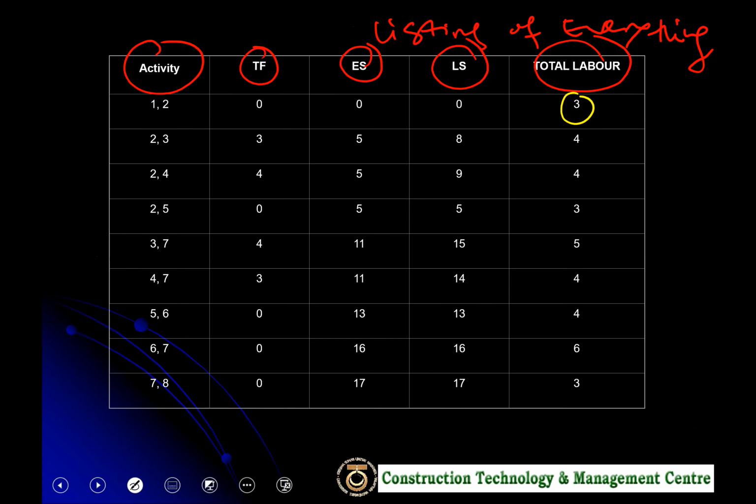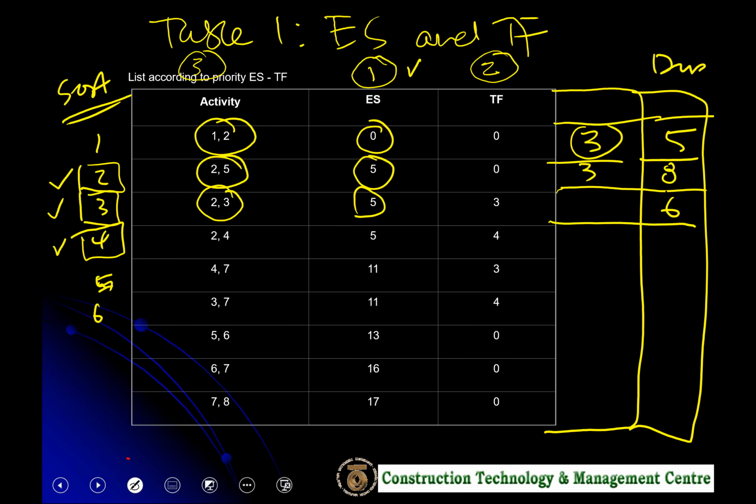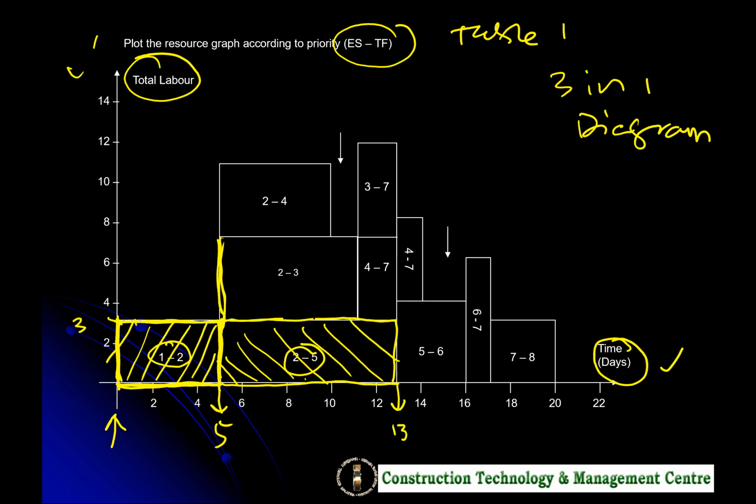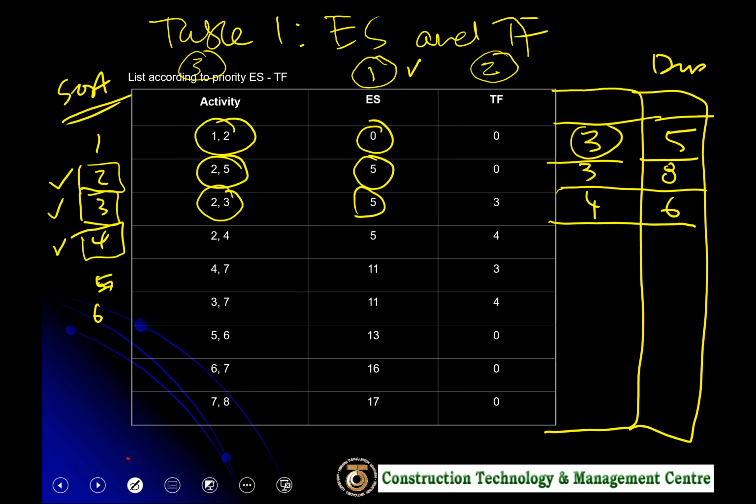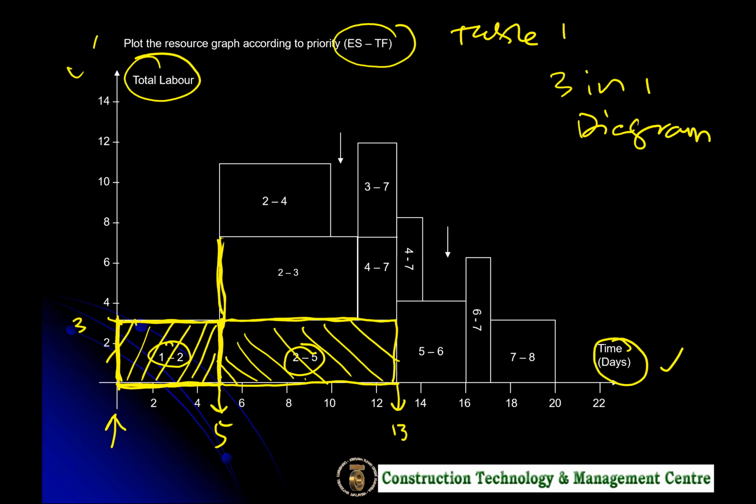How many workers? 4. So this is 6 days and then 4. This is how you draw another activity.